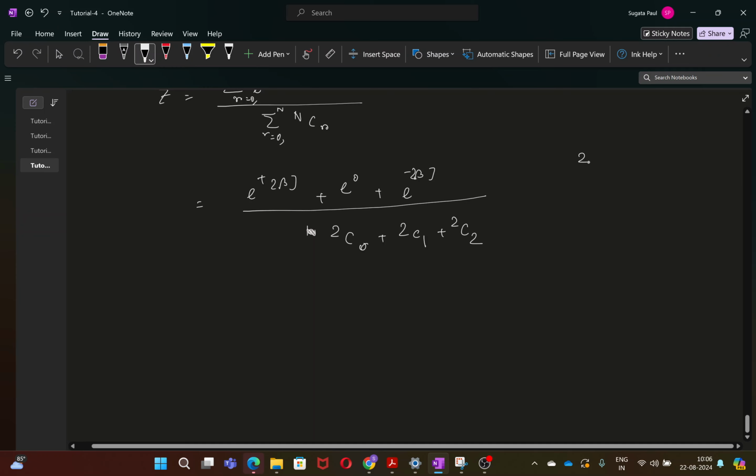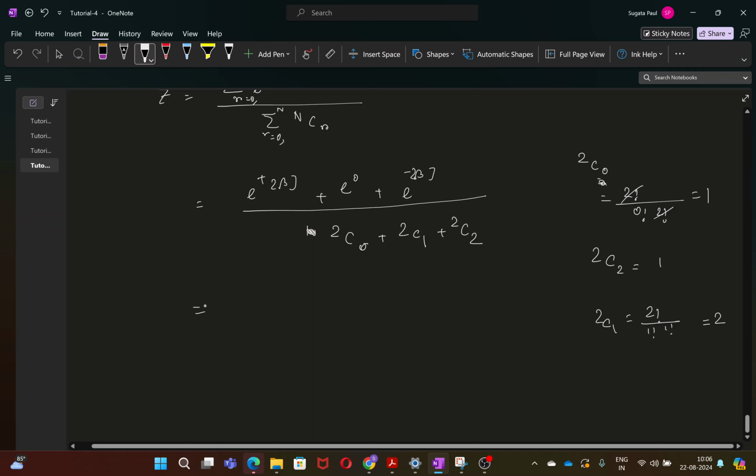Now you know that the combination rule gives that 2C0 is nothing but 2 factorial by 0 factorial 2 factorial, which is equal to 1. Similarly for 2C2, if you calculate, you will also get 1. But for 2C1, you have 2 factorial by 1 factorial and 1 factorial, so here you get 2.